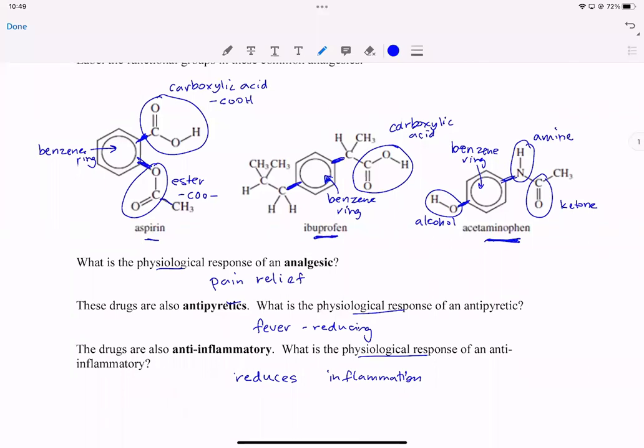So some of this is activating pathways going up to your brain, like pain relief and fever reducing, which is a different area of your brain, lowering your body temperature. And meanwhile, inflammation is local, so in your joints. And so there are different receptors throughout the body that are affected by ibuprofen and or acetaminophen or aspirin. But it has to do with the starting point, which is the structure, and then having the functional groups initiates a series of reactions that are the physiological pathway.